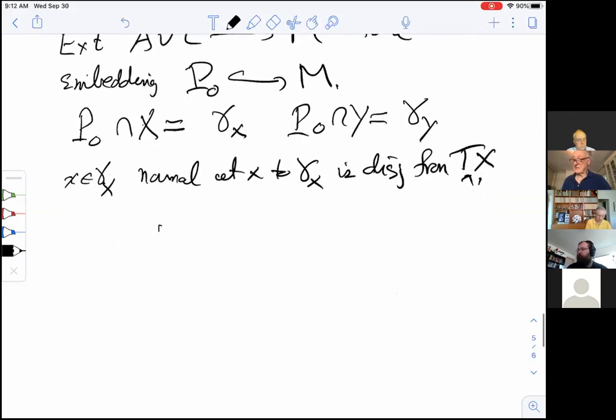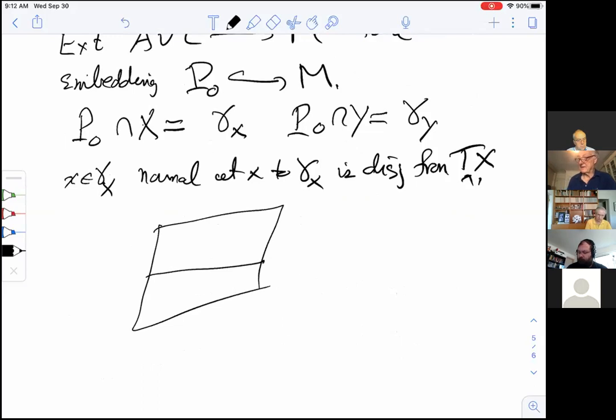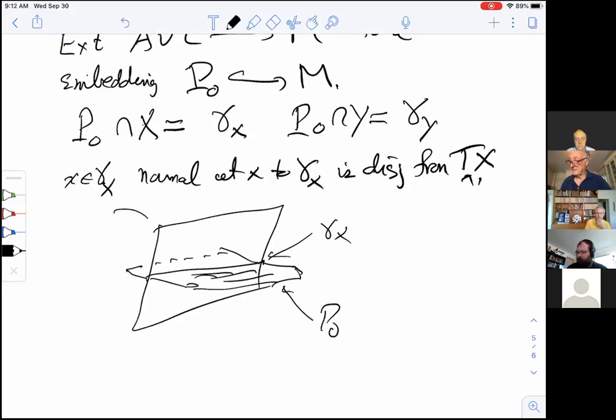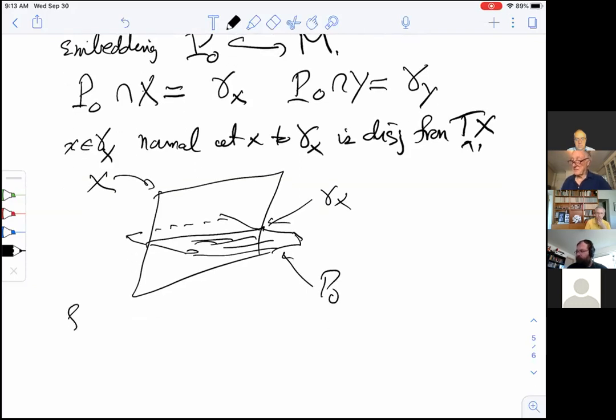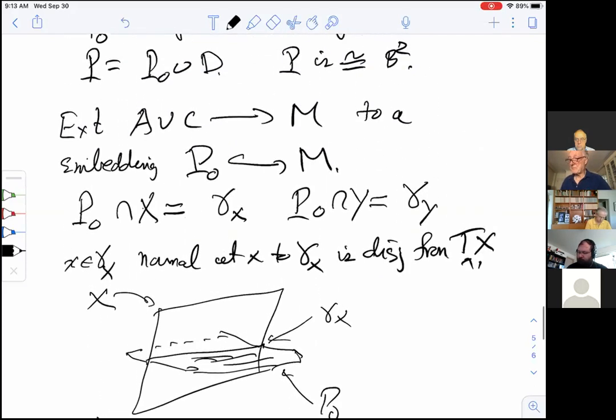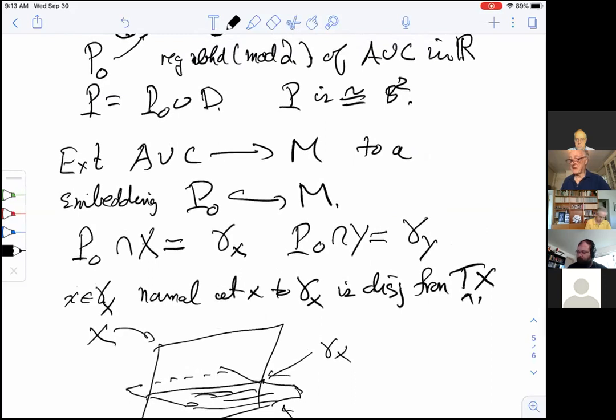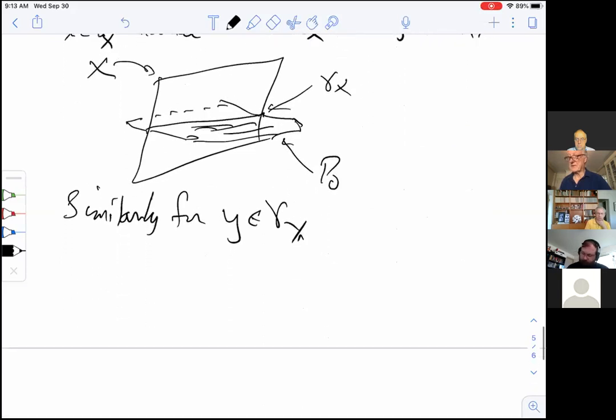In other words, if X is a sheet and here's gamma X, then the embedding of P naught is actually sticking out, linearly independent from X. Okay, so this is gamma X, and this is a little piece of P naught, and this is X. And similarly for Y, or Y in gamma Y. P naught is sticking out from X and Y. Sticks out from X along A, sticks out from Y along C. Okay, well, it's easy to do that.